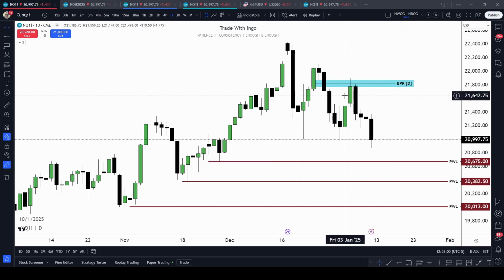As you can see, on Monday we traded up into the BPR high, and we closed around the BPR low. Look at the bodies, they stay beautifully inside the BPR. And Tuesday we opened up, created the high into the lower quadrant, and we traded heavily down.